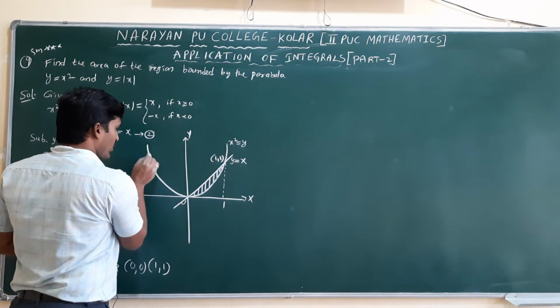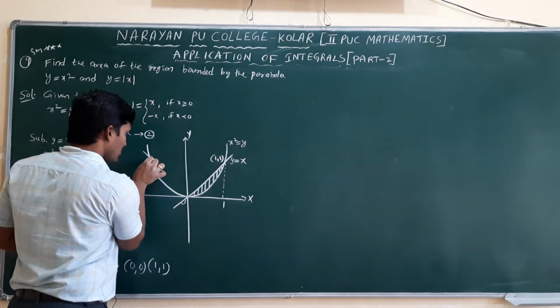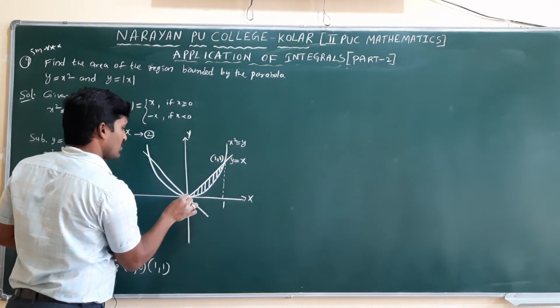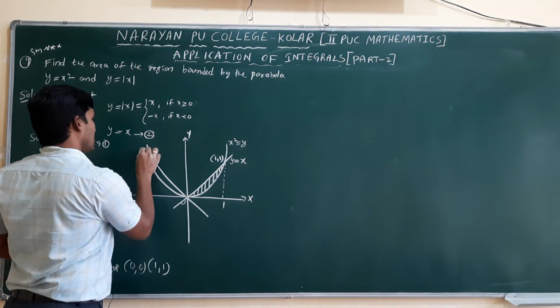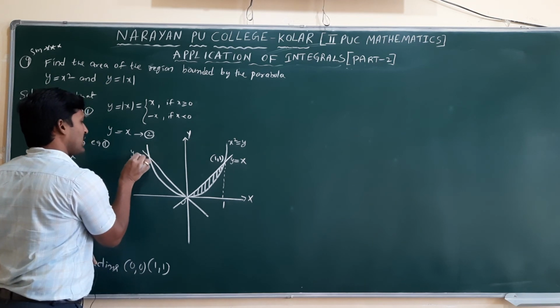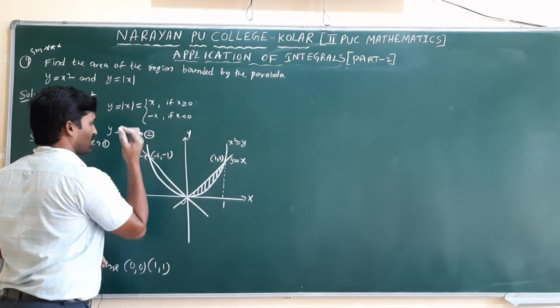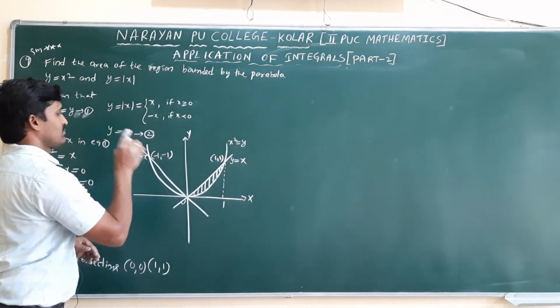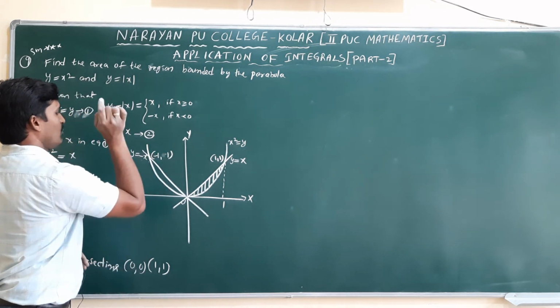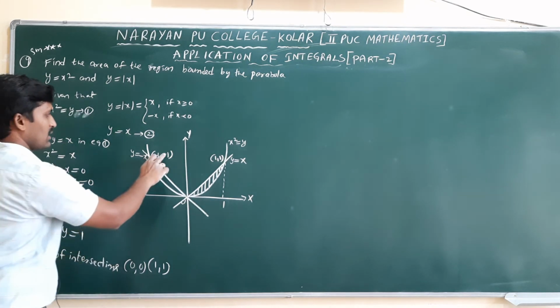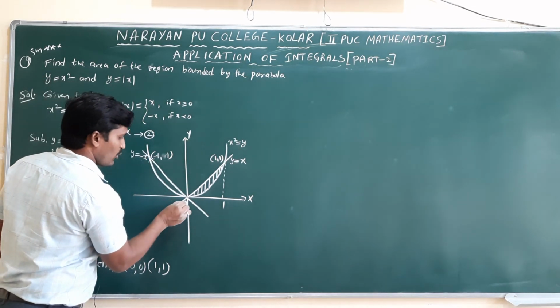And another line is y is equal to minus x. This is the y is equal to minus x line. This point, you will get minus 1, 1. X value minus 1 means y value plus 1 only. Okay, this is the origin point.